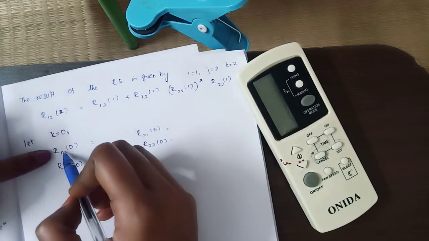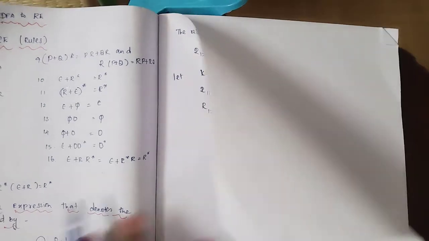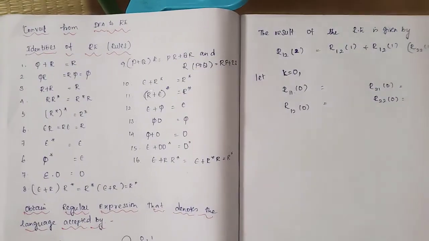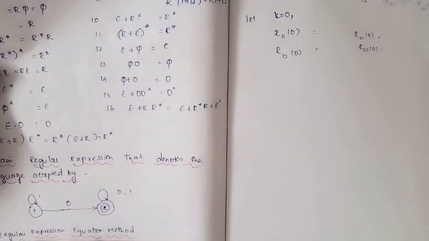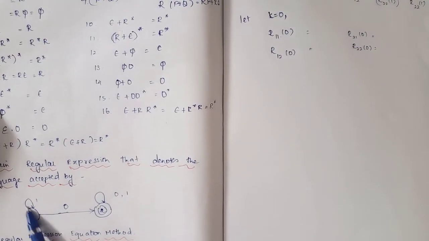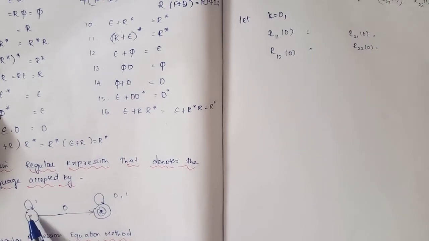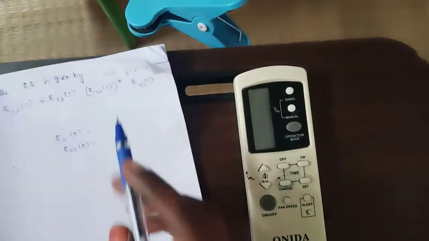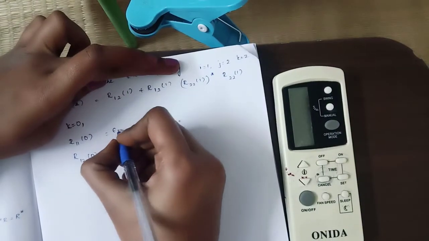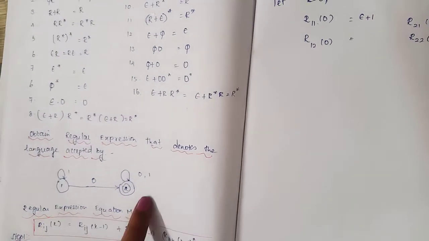Okay. So whenever we have this idea, we will find out what these functions are. Look at the diagram over here and see what R11 of 0, the self loop, is. By default each and every state has an epsilon transition, so it is epsilon plus 1. And R12 of 0, by seeing this diagram, is 0.